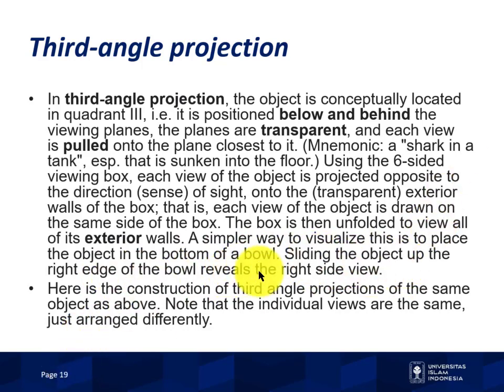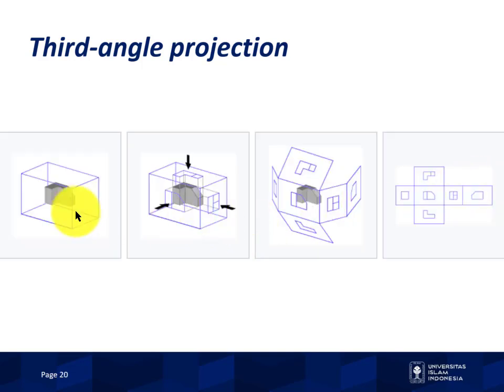Here is the construction of third angle projection of the same object as above. Note that the individual views are the same, just arranged differently. So we have the object here, like we had before.